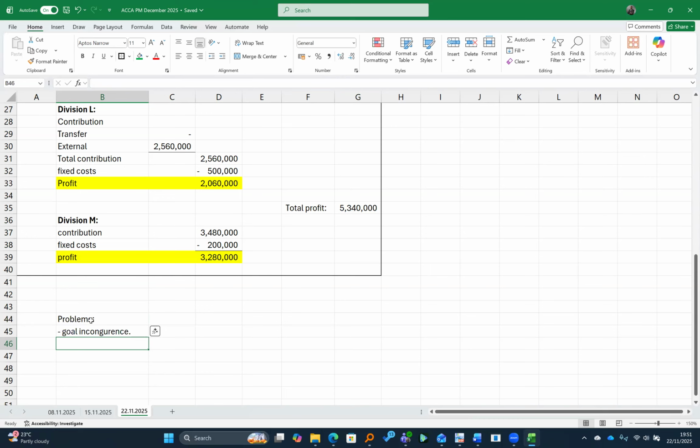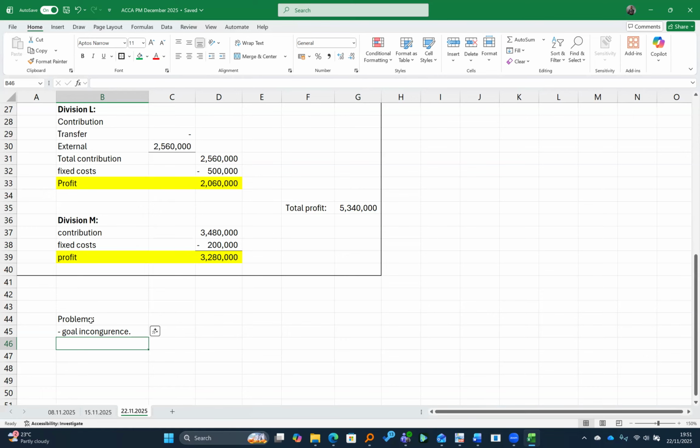Because the company as a whole wants to maximize profits, and for it, it's better to transfer internally. Whereas for division M, the goal of maximization of profits would have it buy externally.